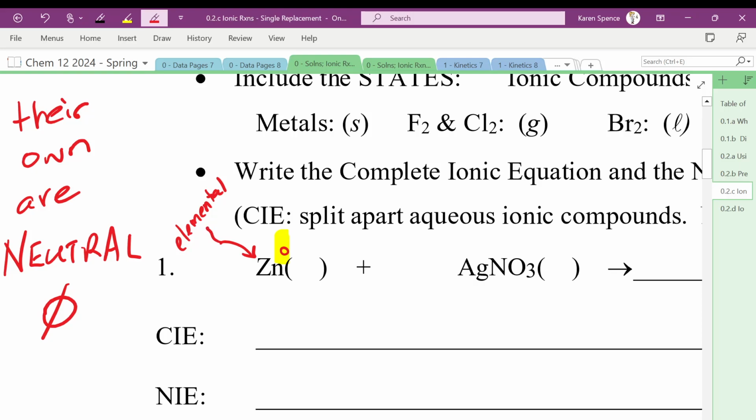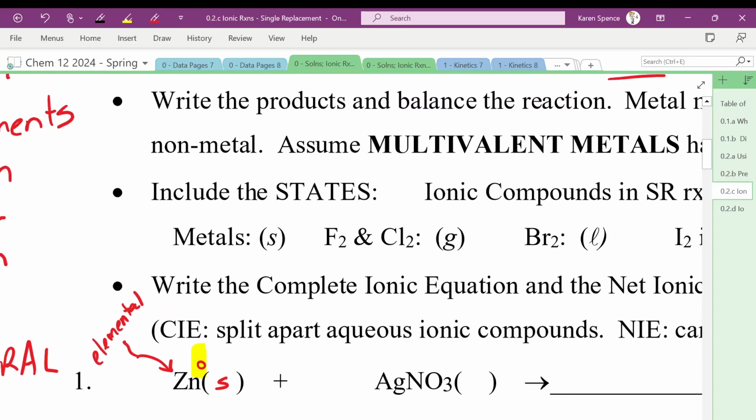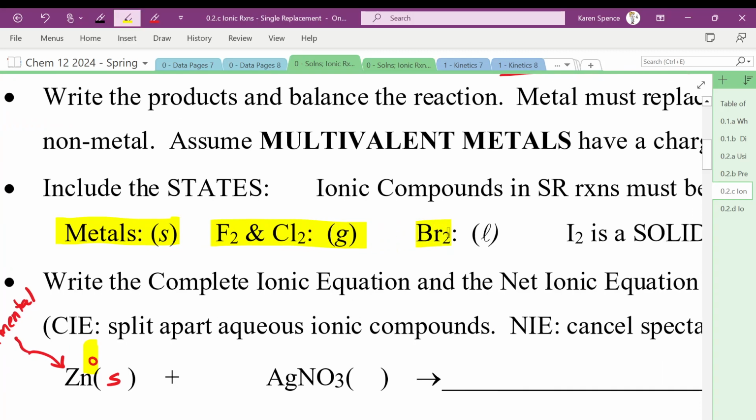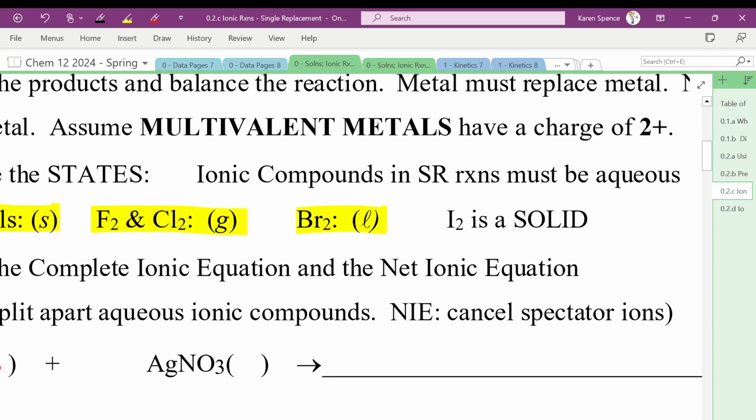What state is zinc? It's a metal, and all metals are solid. Not mercury, but close enough. So it's a solid. Do you need to be able to predict these states? Not 100%. If you want to look up at the top, it tells me that metals are solid, fluorine and chlorine are gases, bromine is a liquid, and iodine is a solid.